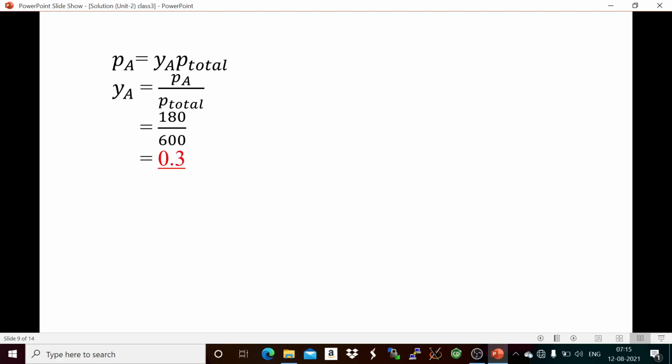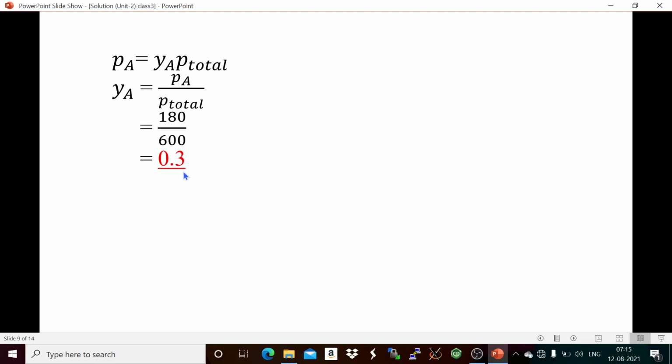So using the relation PA is equal to YA P total, YA, the mole fraction of component A in the vapor phase, is equal to PA by P total. PA value is 180 by 600, so it is 0.3. So the composition of component A in the vapor phase is 0.3.